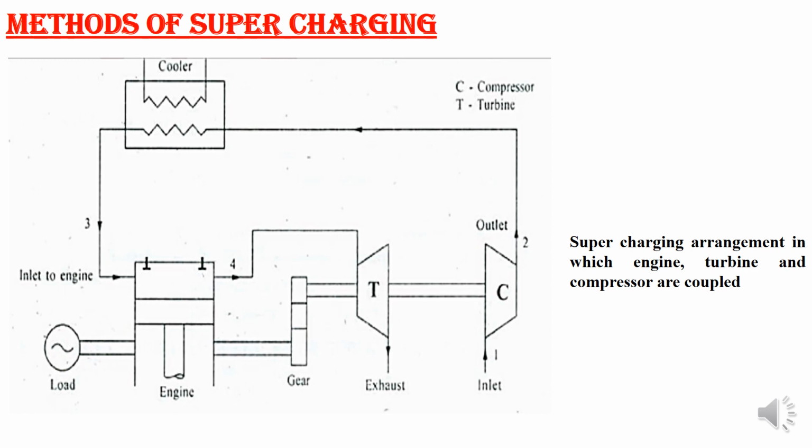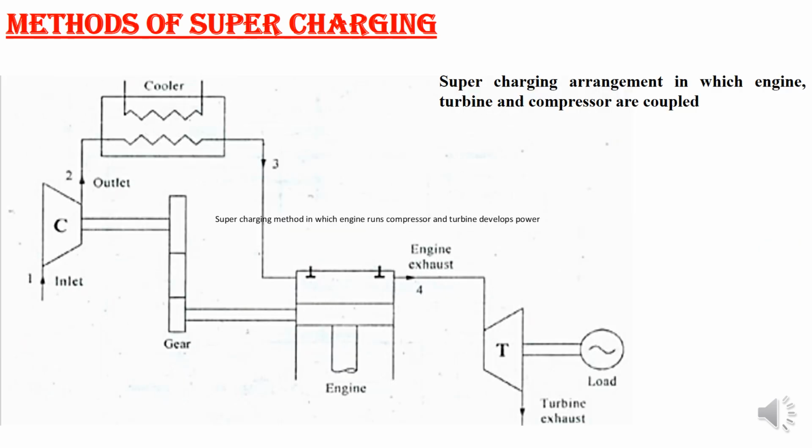Then the fourth method. In this fourth method, supercharging is done in such a way that the engine runs the compressor and the turbine develops the power. That means power is developed in the turbine.